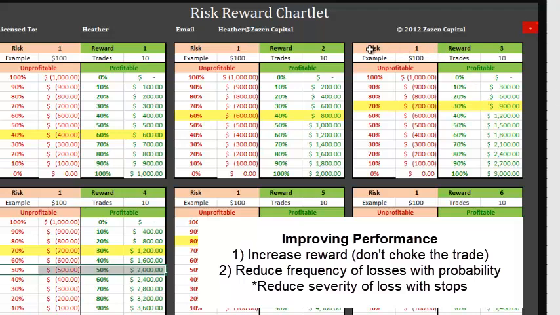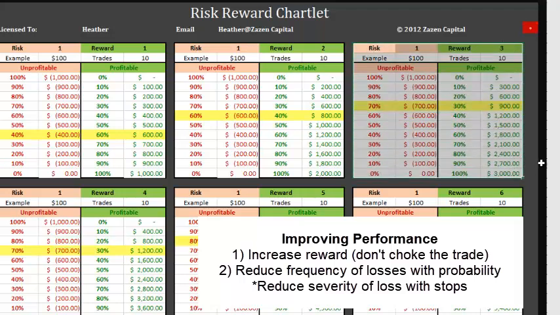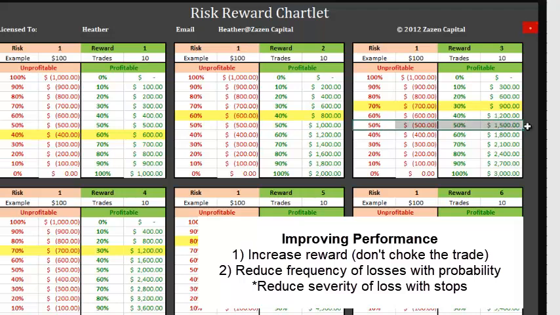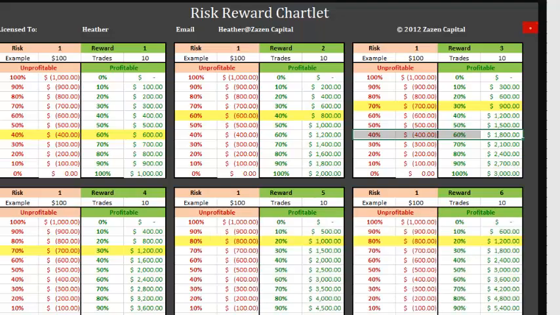Back to the risk-reward ratio of 3. Just by having one extra winning trade, you go from $1,500 minus the $500 loss for $1,000, to $1,800 minus $400, giving you a $1,400 profit instead of a $1,000 profit. And over a series of trades, that can add up and be a huge impact on your bottom line.